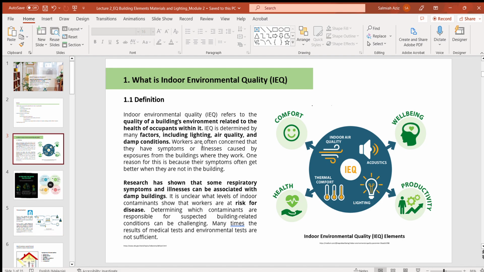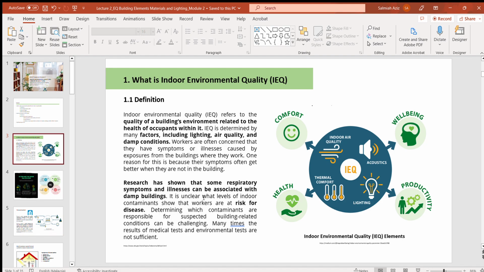Workers are often concerned that they have symptoms or illness caused by exposures from the buildings where they work. One reason for this is that their symptoms often get better when they are not in the building. Research has shown that some respiratory symptoms and illness can be associated with damp buildings.